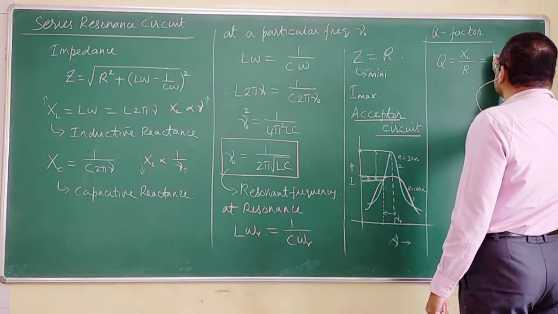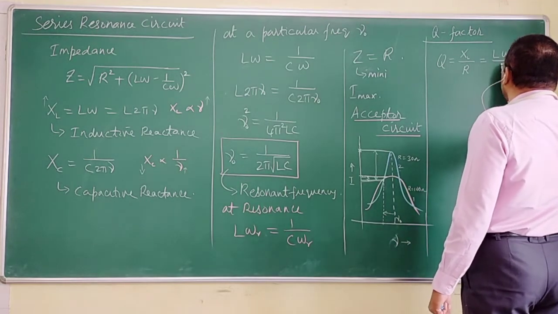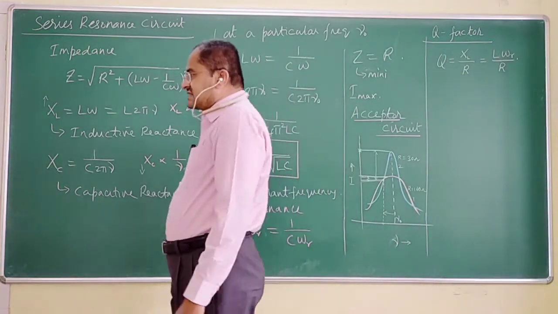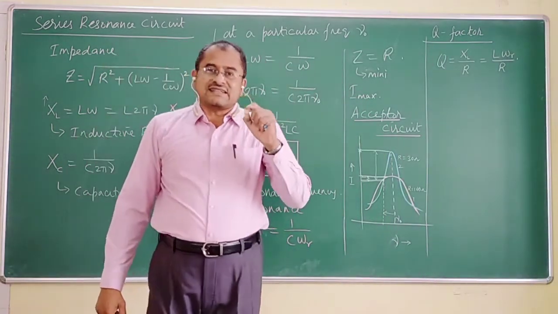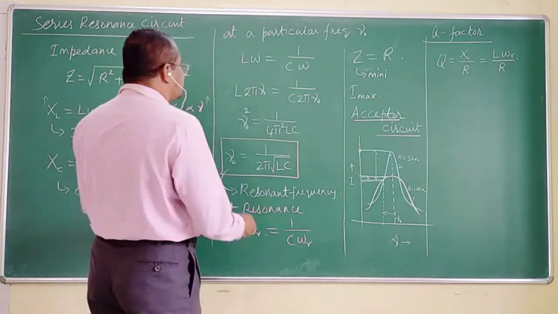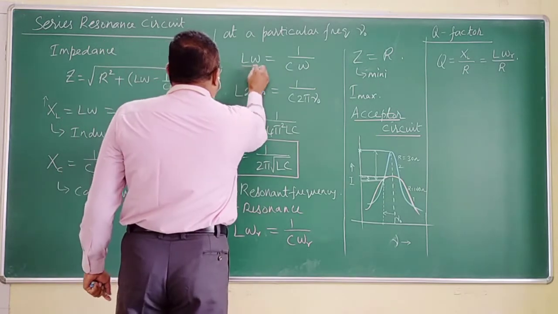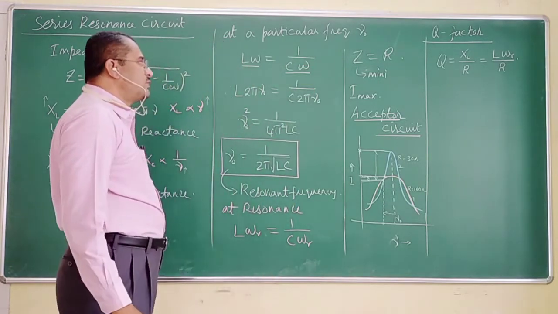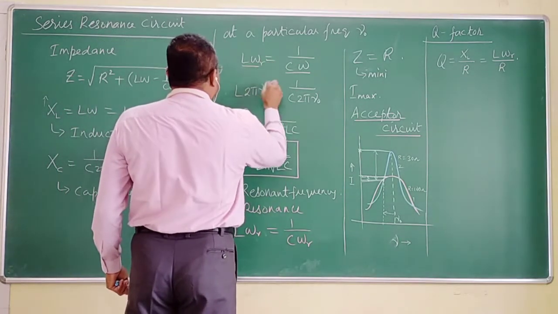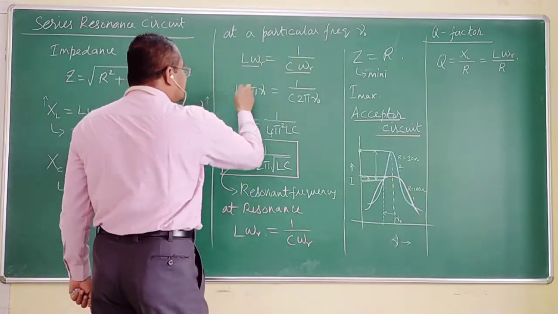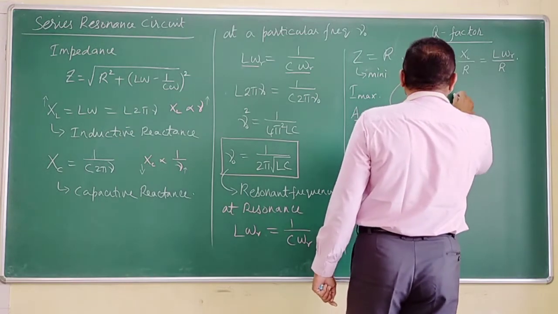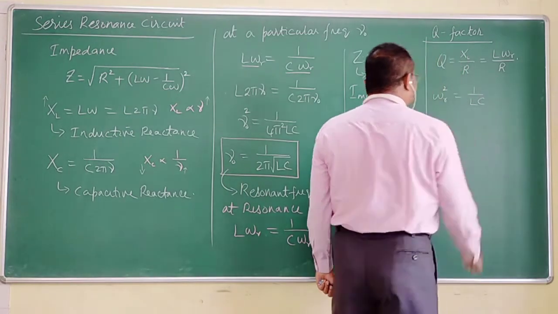Therefore, Q can also be written as L omega R upon R. You may ask me why I have written suffix R. Suffix R indicates that this can happen only at resonance. So at resonance, L omega is equal to 1 upon omega C. Therefore, omega R squared is equal to 1 upon LC.